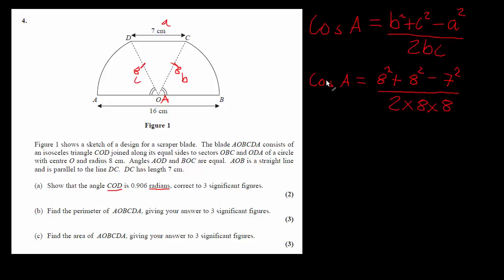So if we have that, that means I can find the inverse cos, so cos to the minus 1 of all of that, and that will give me my angle A.